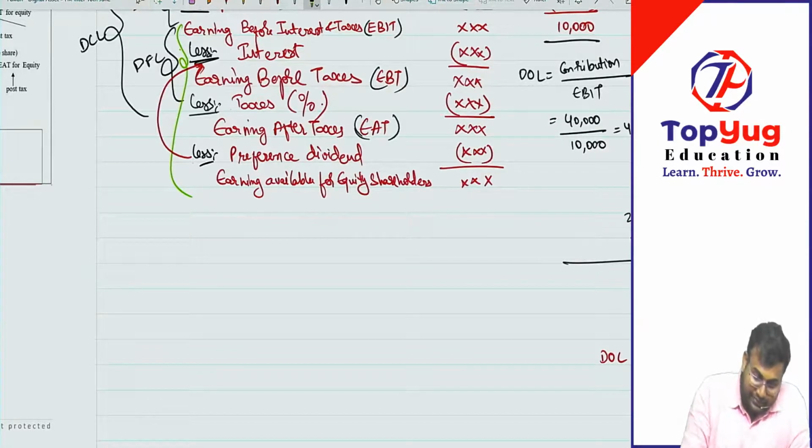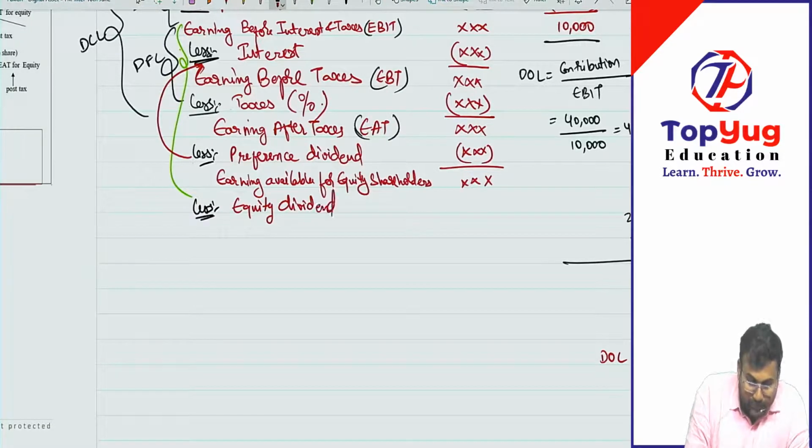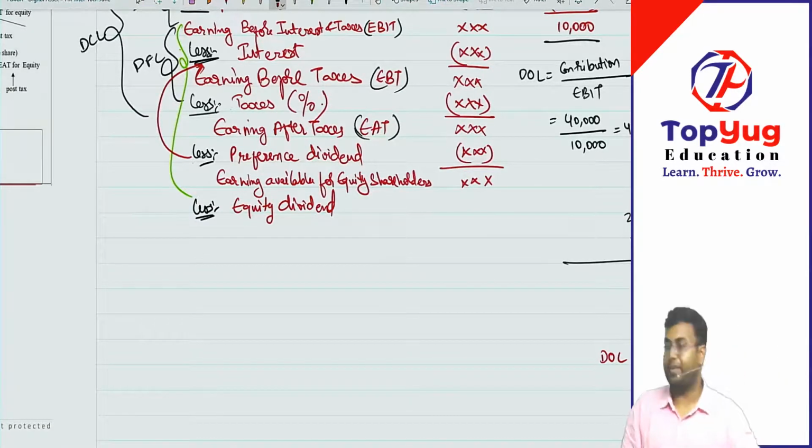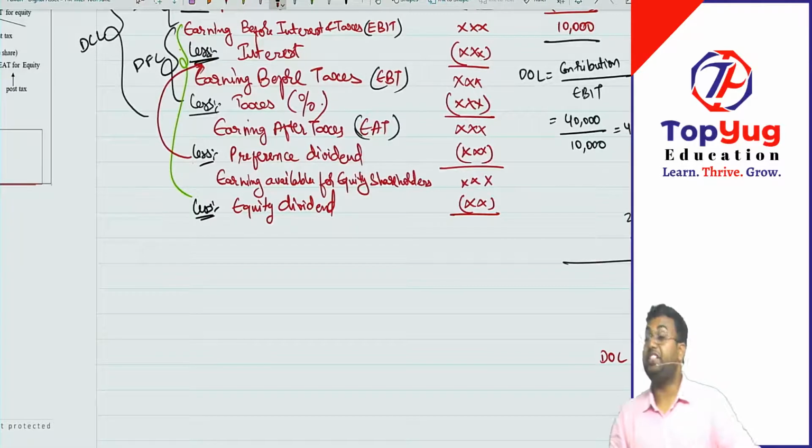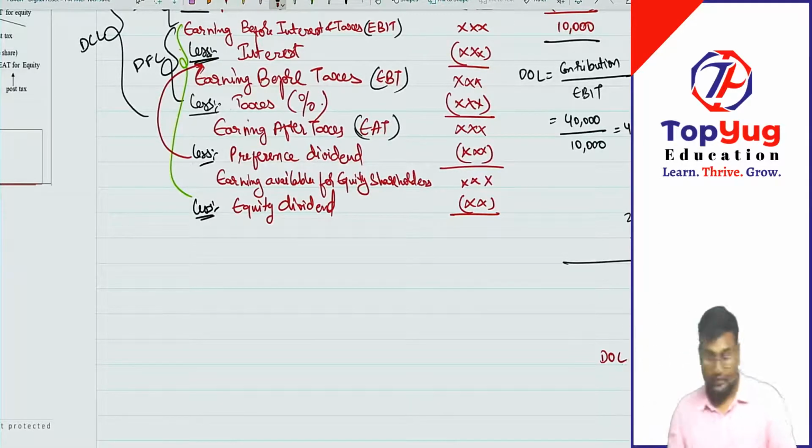Minus here, less. We are continuing our income statement. Less equity dividends. You have to pay equity dividends. There is no leverage on equity dividend. Why? Discretionary. Right?